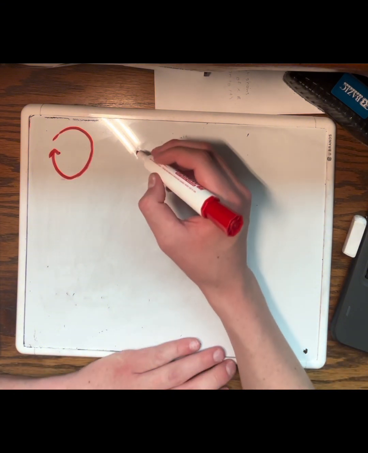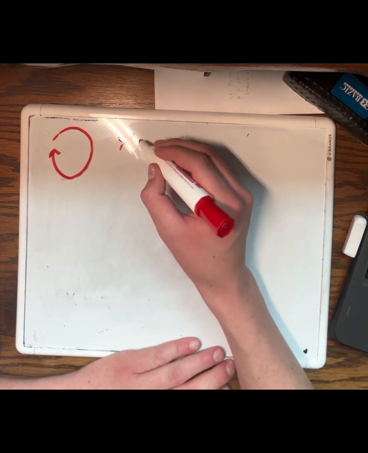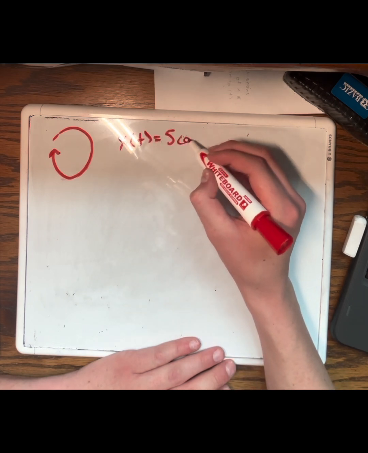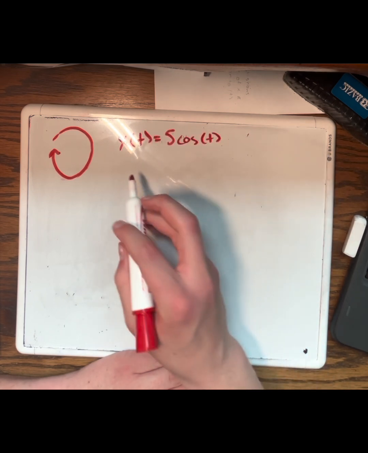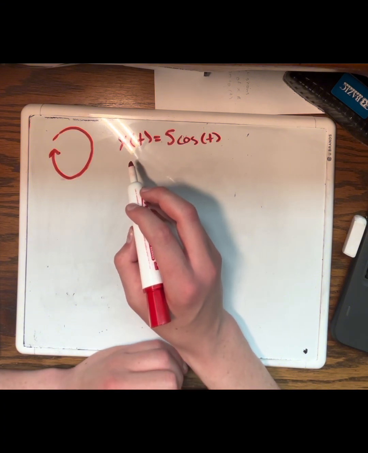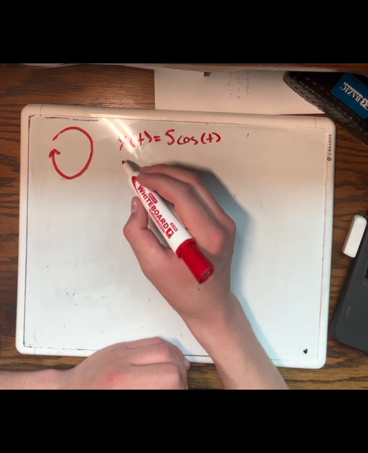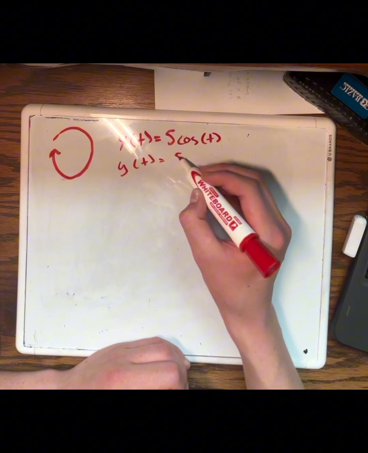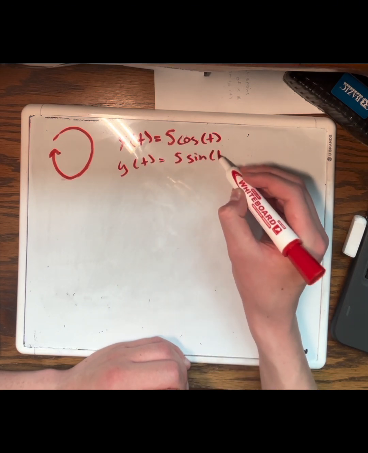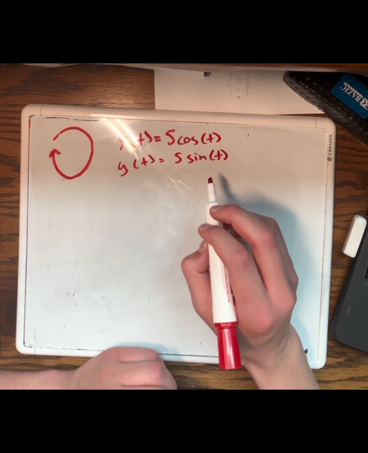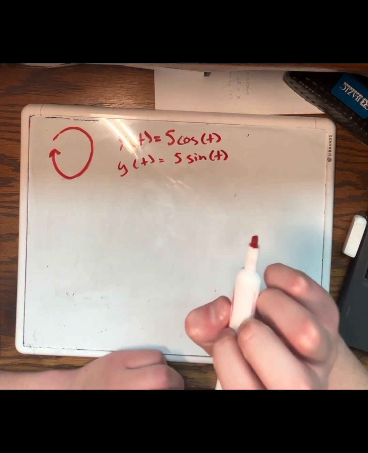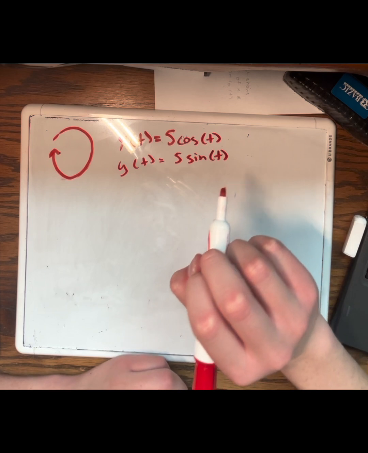So say that x of t equals 5 cosine of t. This is how the x coordinate is related to time. y of t equals 5 sine t. Normally, like in the example I showed, you would solve for t and just plug it back into each other's system of equations.